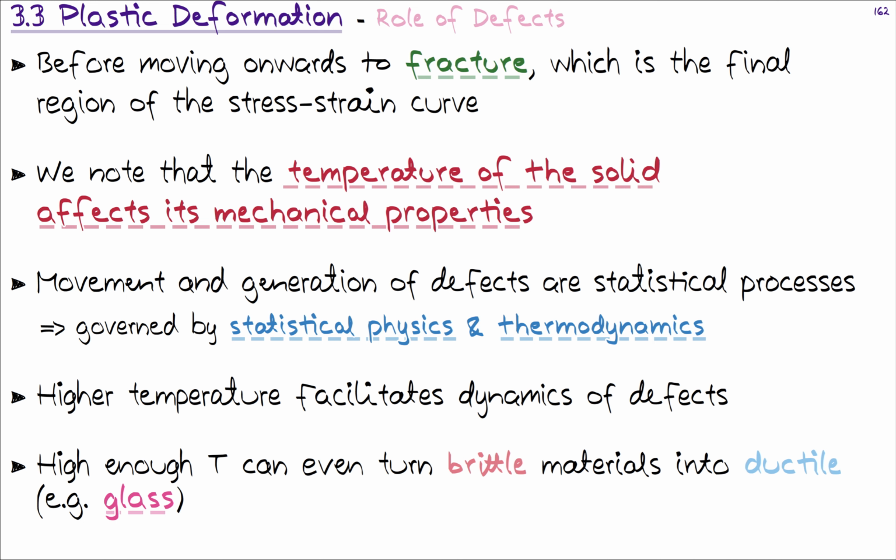At high enough temperatures, glasses turn from brittle materials into ductile. Then you can mold them, which can be quite important. For example, in optics, this is the process by which we make lenses: we heat up a glass, melt it or almost melt it, and then mold the shape of the glass.